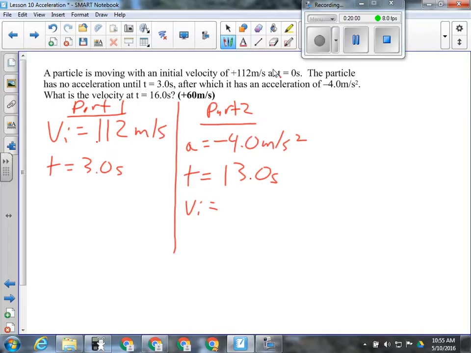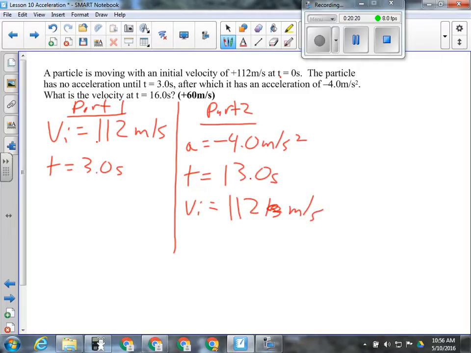I think I was telling you guys about last year's physics diploma exam where they had like 2 pages of reading to answer 2 questions, which we thought was brutal, but that's what they do sometimes. So we want to make sure that you get some experience in reading long, convoluted, verbose questions. So 112 meters per second is the starting velocity here.